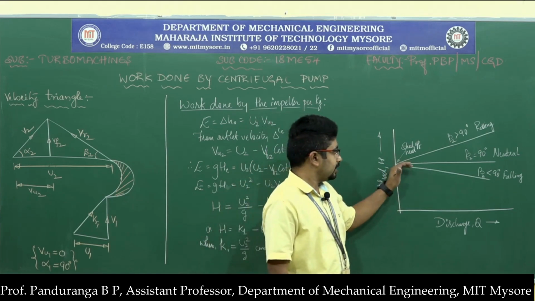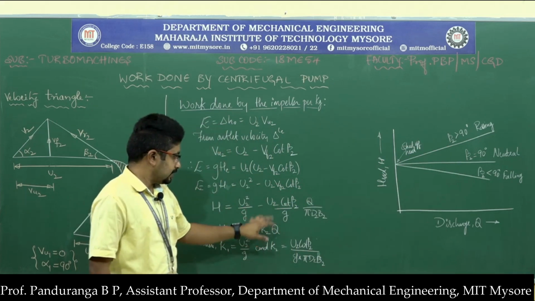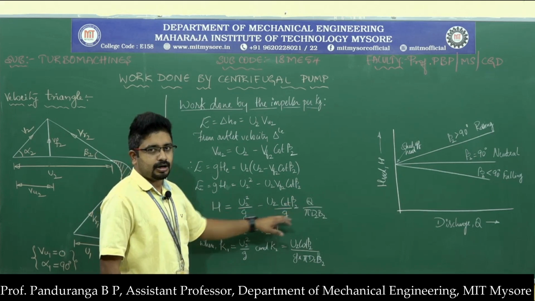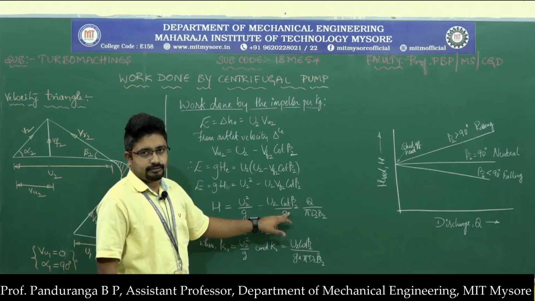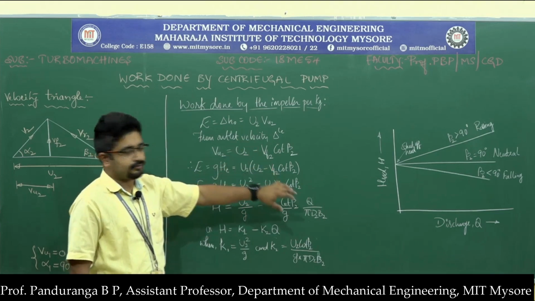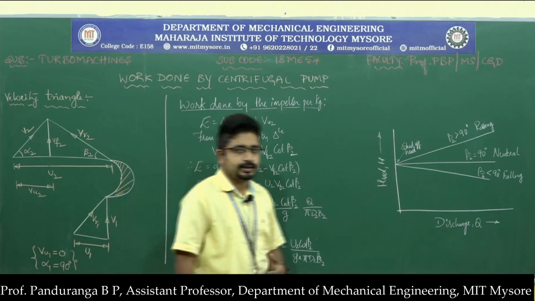From there, if beta 2 is greater than 90 degree, then in this equation cot beta 2 will be a negative value, and because of that H keeps on increasing with the increase in the value of Q or discharge.